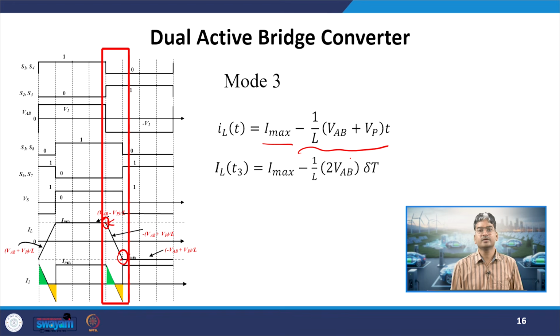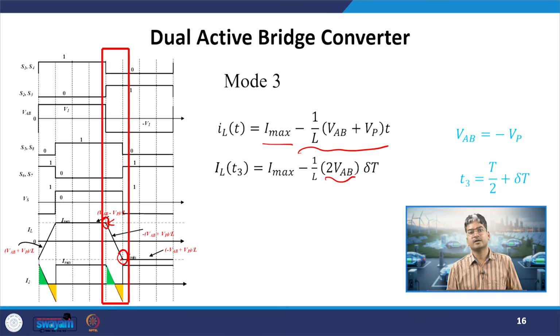Why? We are assuming that we are having the nominal loading condition, that is VAB is equal to VP, or the reflected primary terminal voltage and the actual primary terminal voltage are same. So, we are just replacing that, and that will be giving me 2 times VAB, or I can write 2 times VP, or 2 times V2 by N. So, that also can be replaced over here.